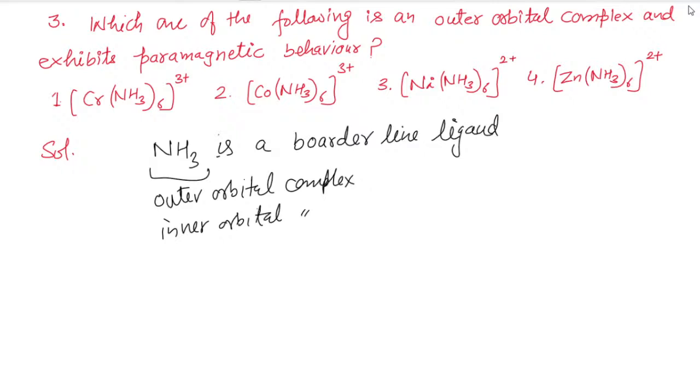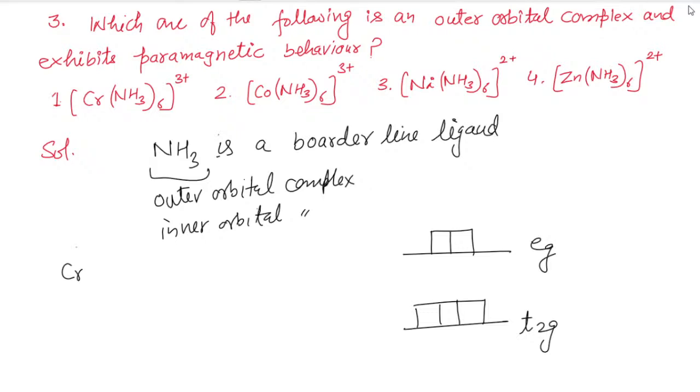Now in chromium 3 plus, let us write it like this: T2g and Eg. In the first case there is chromium 3 plus. You know chromium is 3d5 4s1, so what is chromium 3 plus?